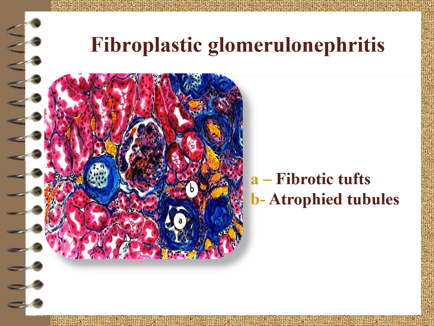Arterial and arteriolar sclerosis accompany glomerulosclerosis, interstitial fibrosis, and lymphocytic inflammation. Associated tubules undergo atrophy and thyroidization. The condition is unresponsive to steroids and ends in chronic renal failure.